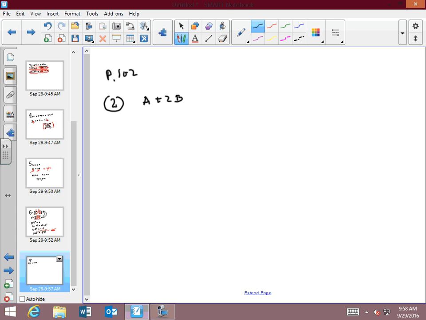The first thing you want to do is, in order for the matrices to be added, their rows and columns have got to be equal. In other words, M has got to equal P, and N has got to equal Q. You have to have the same number of rows and columns in both matrices.